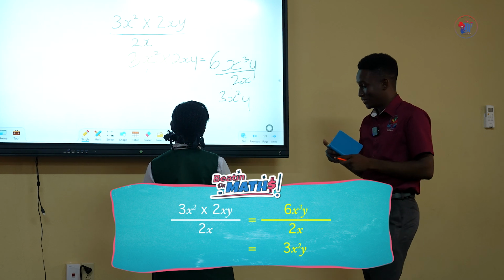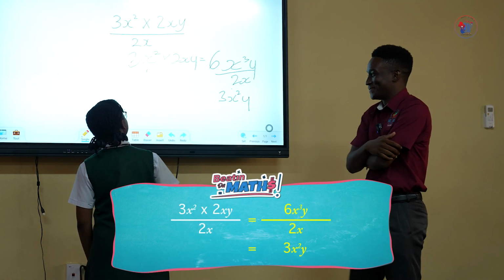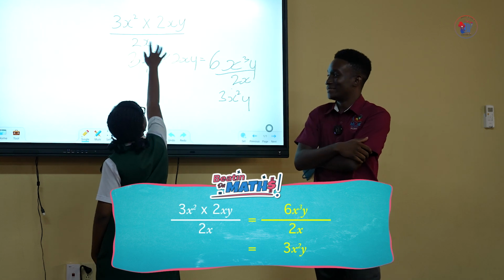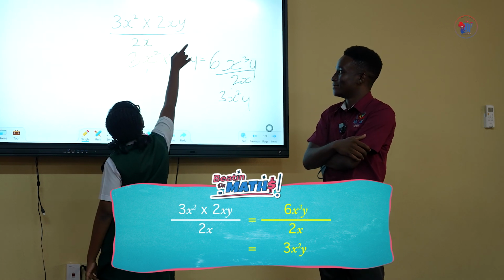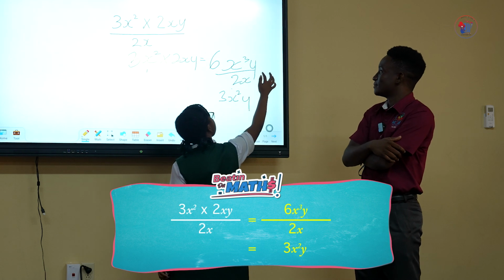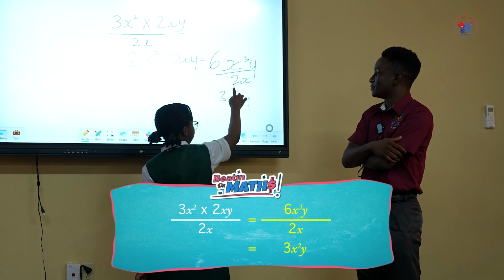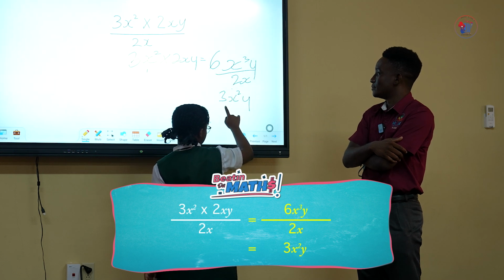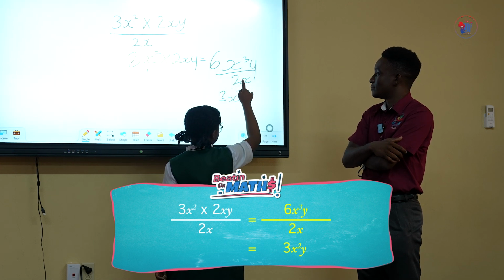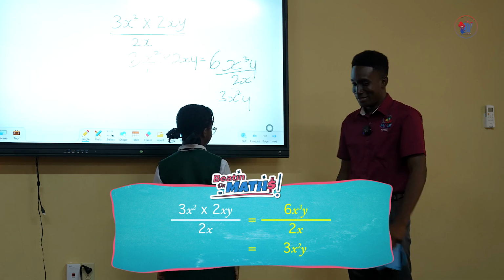Well done. So walk us through what you did there, Renessa. I just multiplied the numerator, and I got 6x to the third power and y, and I divided it by 2x. I got 6 divided by 2 is 3, and x to the third power divided by x is x squared, and y. Right. Well done.